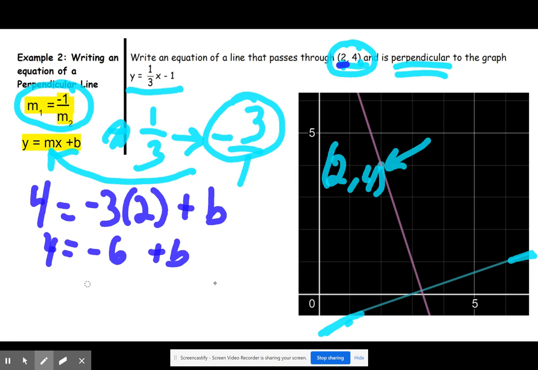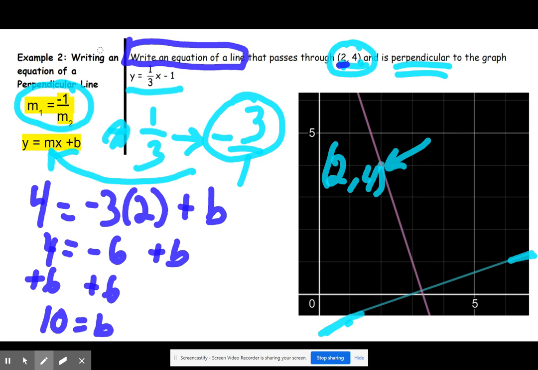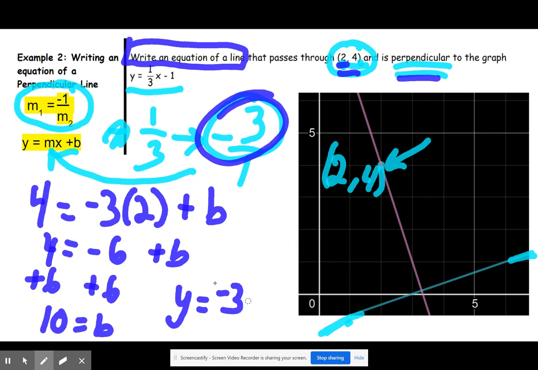And then you add 6 to both sides. You get 10 equals b. So my general equation, because that's what we're trying to do, write the equation of the line that meets these two conditions, is y equals your new slope. It's not the same. It's not parallel. So -3x plus 10.